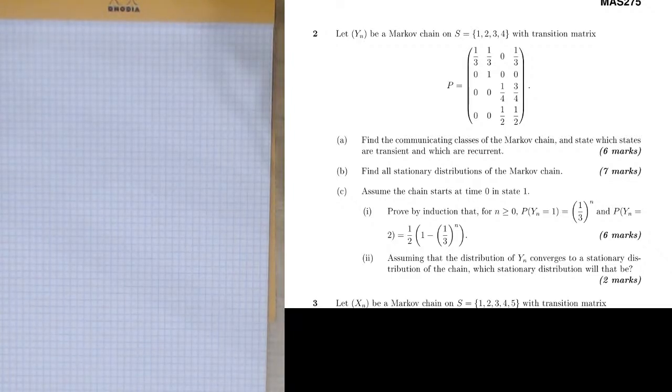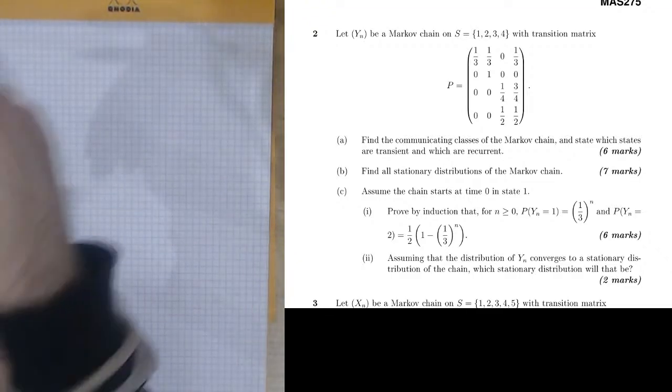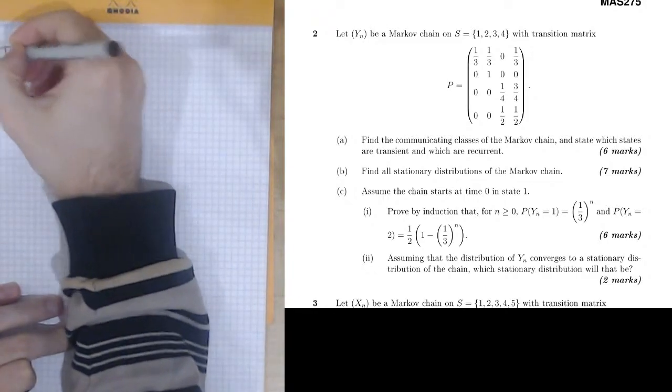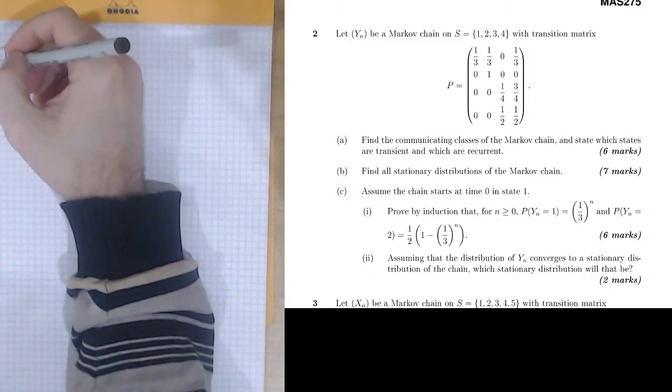What did I miss? Find the periods and apply the limit theorems when it's aperiodic. These things. Always a good idea to represent your Markov chain by a graph, because it's more visible this way.